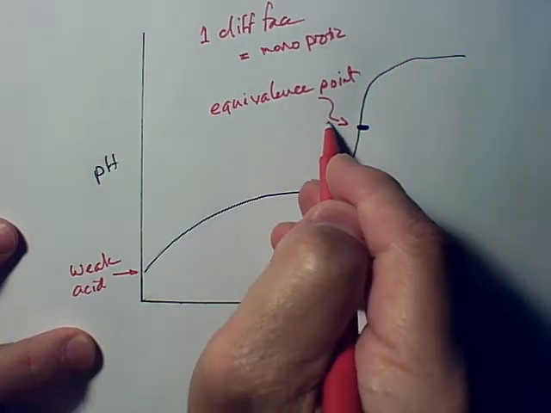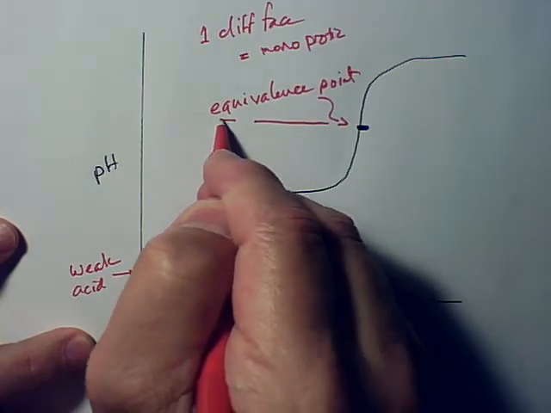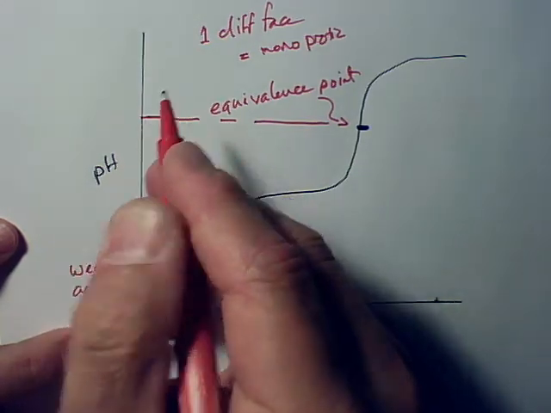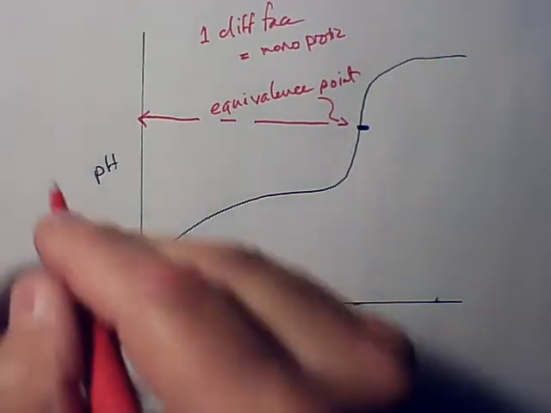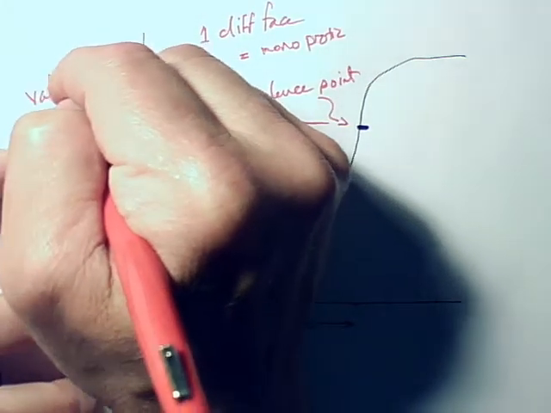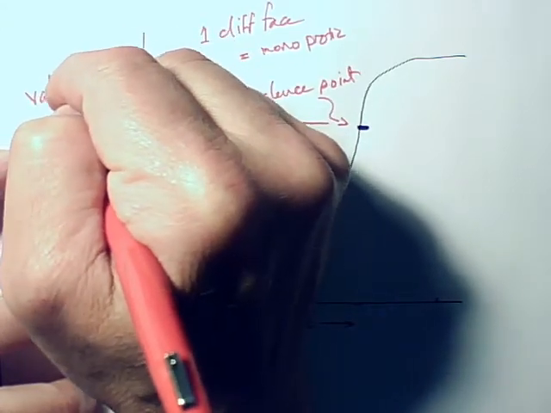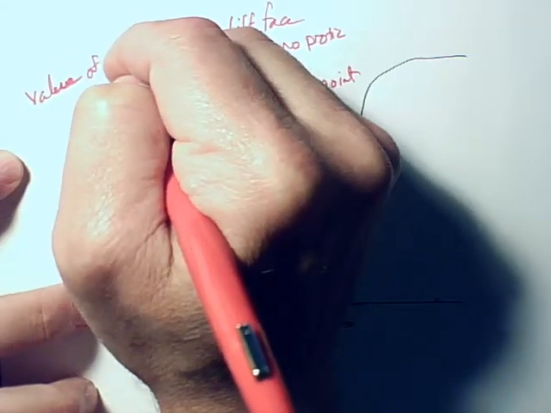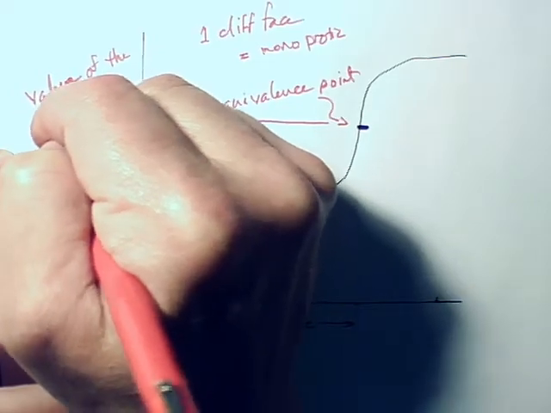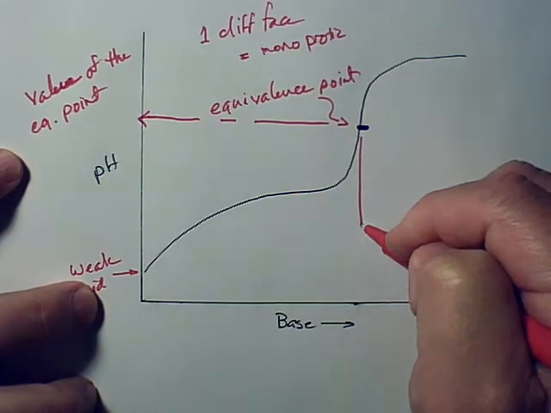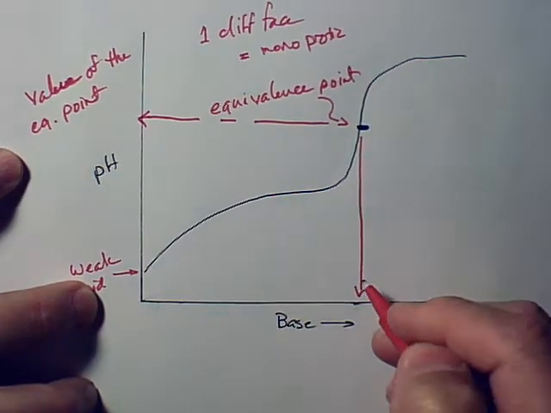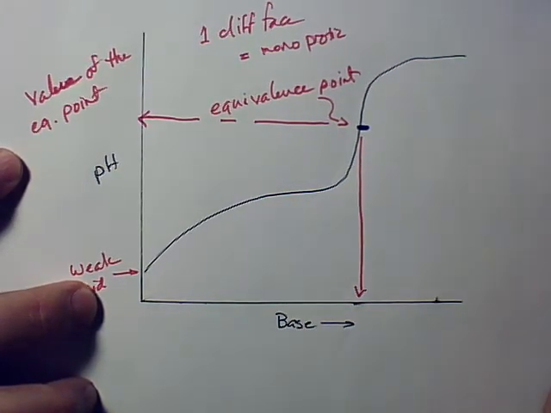So we would identify this equivalence point right here. That'd be the value of the equivalence point. And down here is the volume of base used.